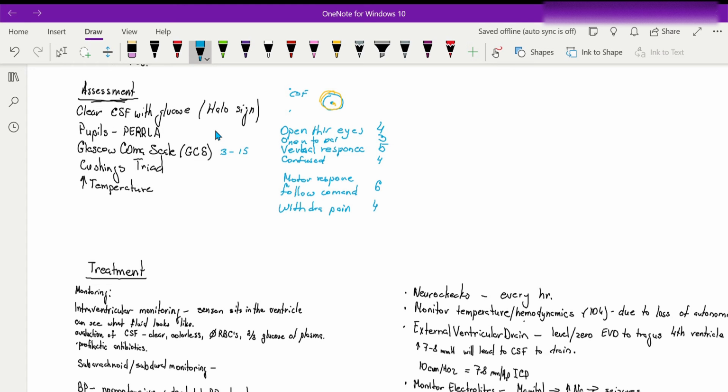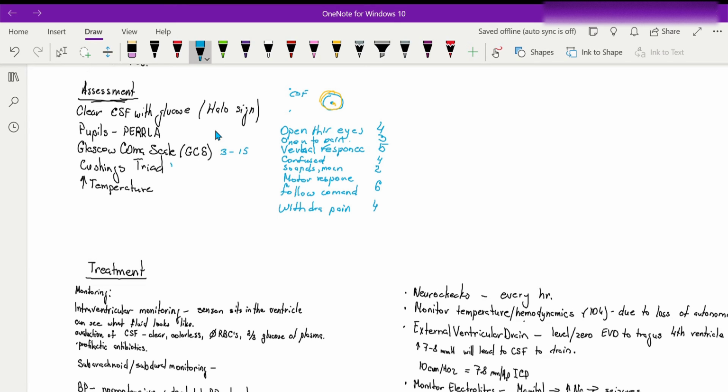And for verbal response, if they are only able to produce sounds, moaning, that is 2. So yeah, this is the Glasgow scale.